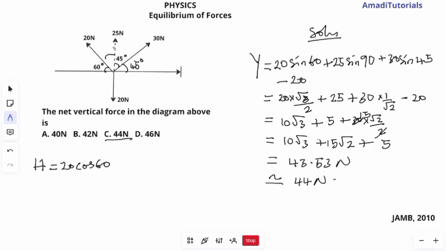The next one here, which is 25, if you resolve it, it will be 0 because it doesn't have a horizontal component, it's directly on vertical. Even if you insist and say let's resolve, that will be plus 25 cos 90, and cos 90 is 0, so it will cancel.